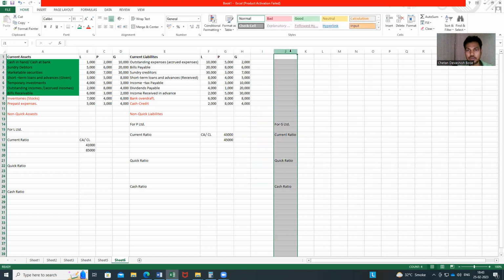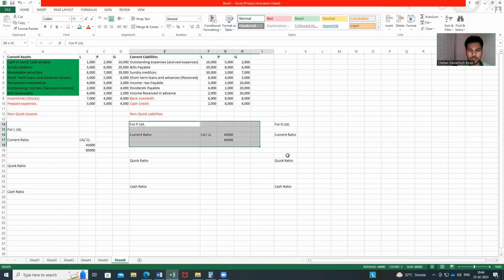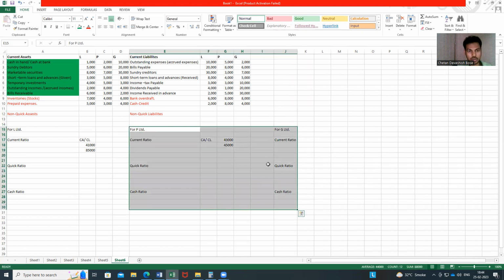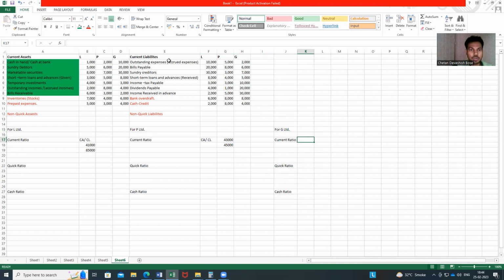And for G Limited, what I will do here, G Limited may, okay. So पूरे current asset को मैं calculate करूंगा, which is actually 87,000. Then I will divide this with current liabilities, which is 92,000. I would be using my calculator, and with the help of this calculator, I will.